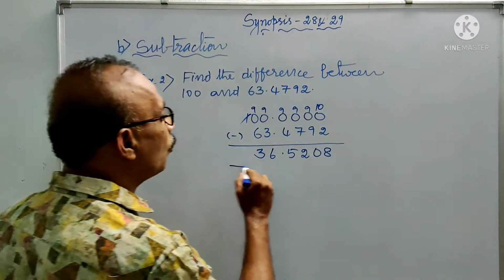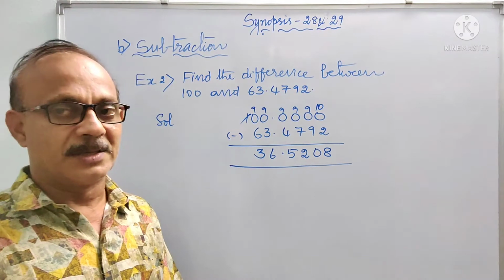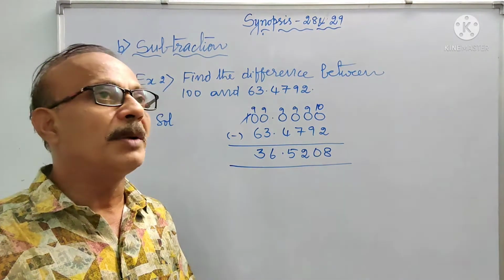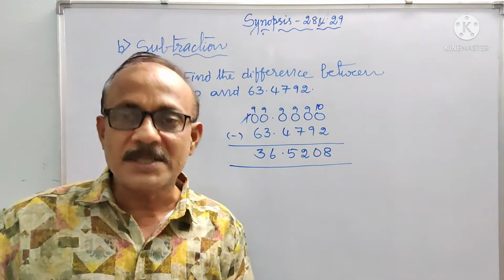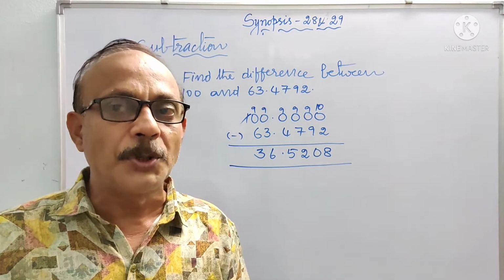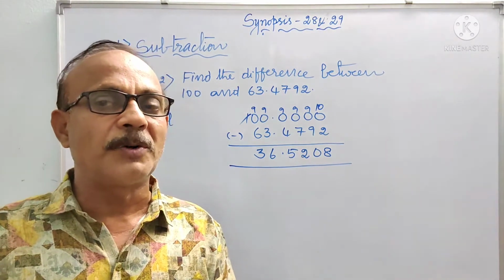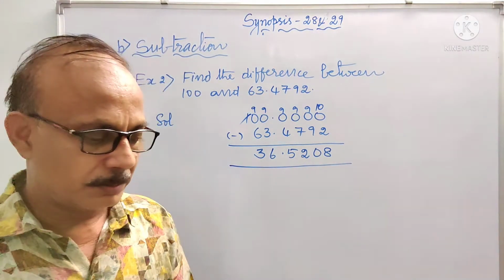So this is how we perform subtraction in decimals. So what you have to remember is, while performing subtraction in decimals, you have to convert both into like decimals and then only perform the subtraction.